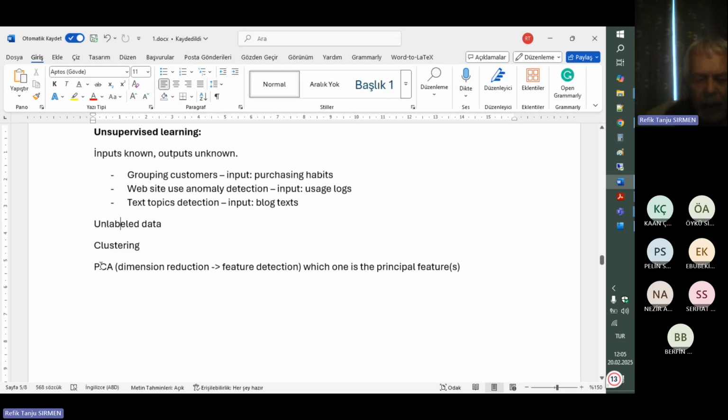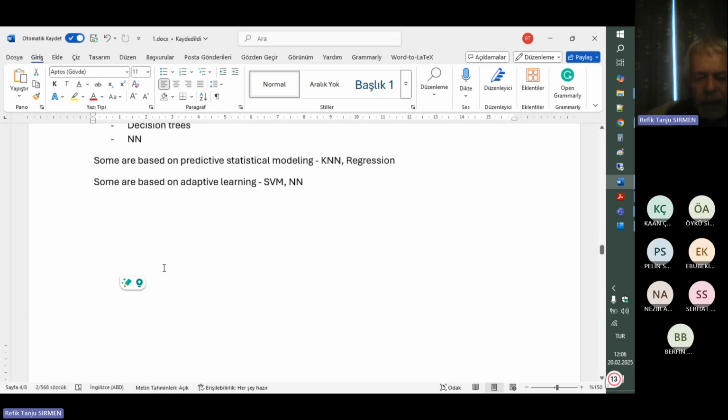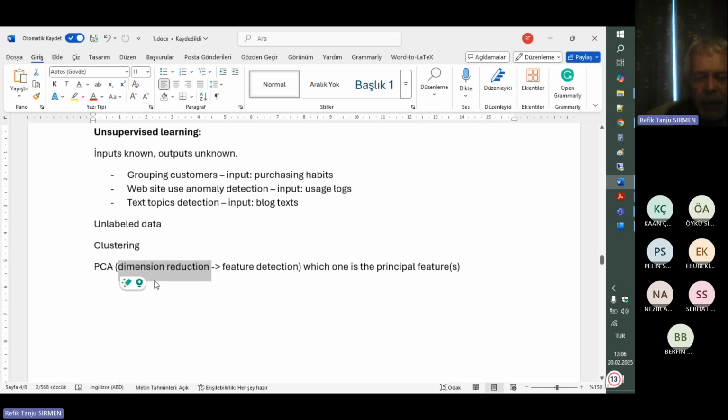Also, there is another technique called principal component analysis. But actually, it is used for dimension reduction type of things also here. But the purpose is different. Here, by applying this principal component analysis, we try to figure out the most important or principal features affecting the result.